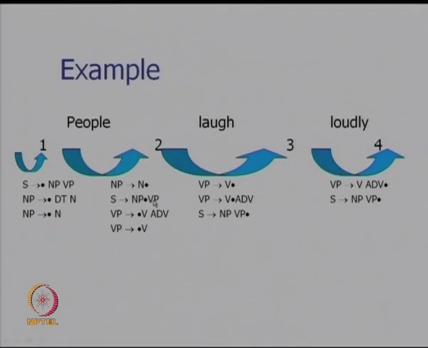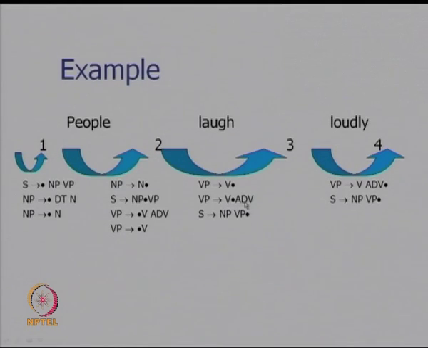When the noun phrase is over, then VP gets exposed. VP's work requires finding a verb. Now, verb has been found in laugh. So, then adverb gets exposed, and now we need to find the adverb. Loudly is that adverb. So, now the verb phrase is over, and the verb phrase for the sentence is also over.